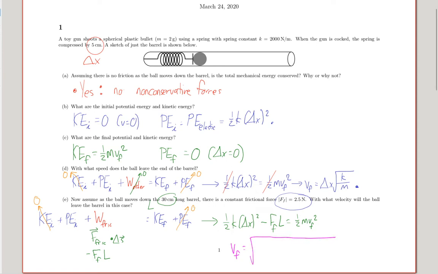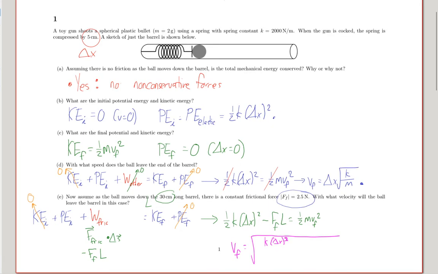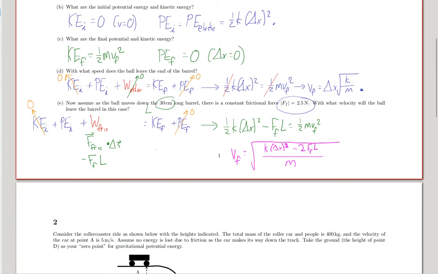So again, in the numerator, I've got k delta x squared minus 2 times the force of friction times the length, all divided by the mass. You'll see that the first term matches what we got before. But then there's also the second piece, which makes sense because it's slowed down by friction.